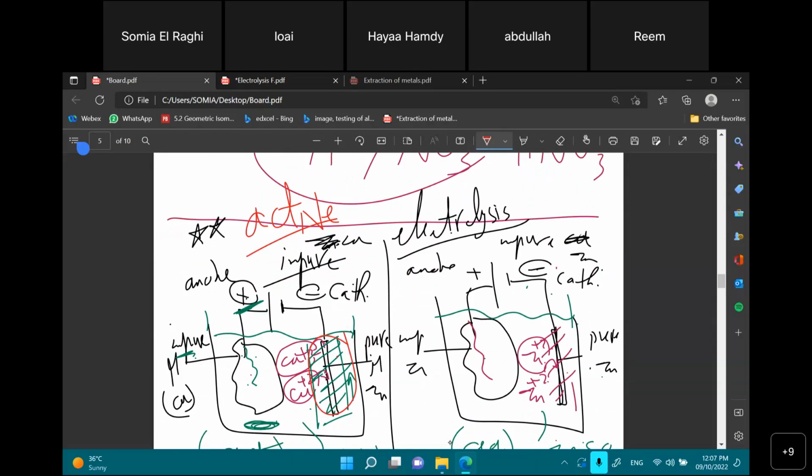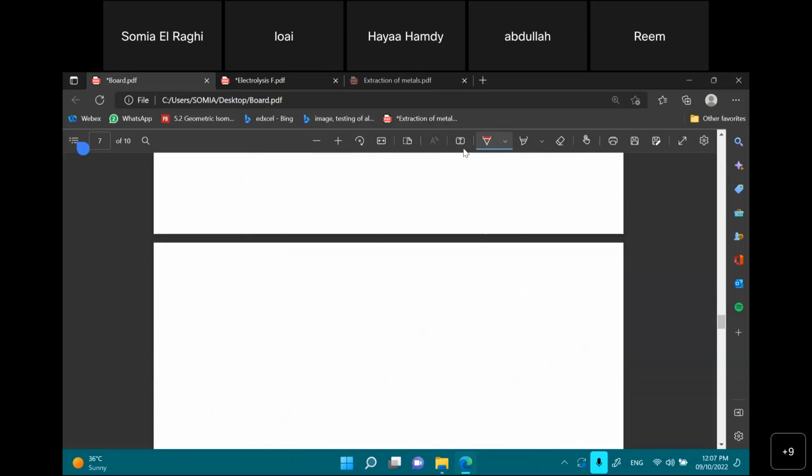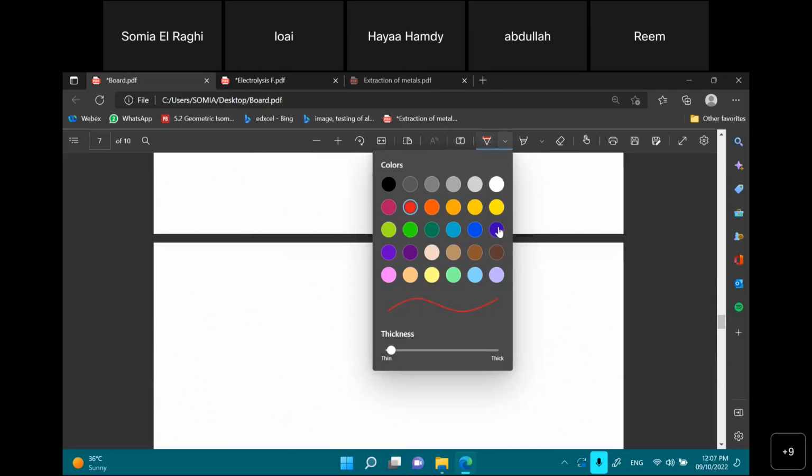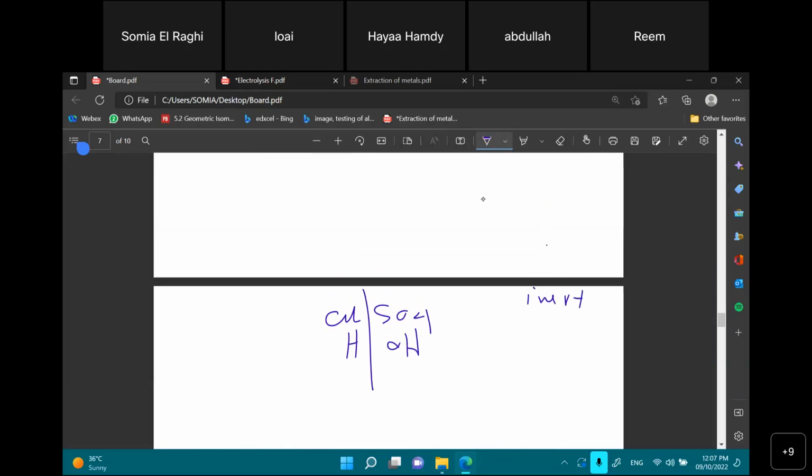All right, so if they repeat, or if you get this question, I will repeat it over here to understand. A question simply, they will ask if you do electrolysis of copper sulfate solution using inert electrode, or they will tell you in the question graphite or carbon.